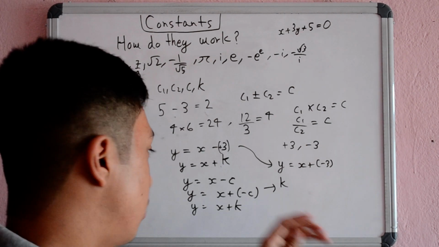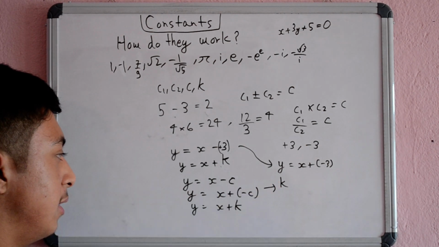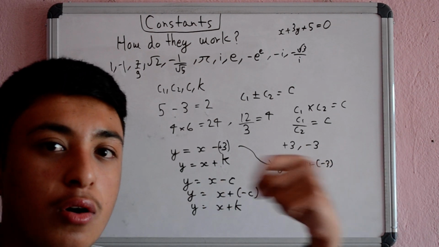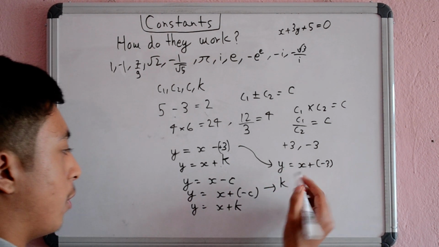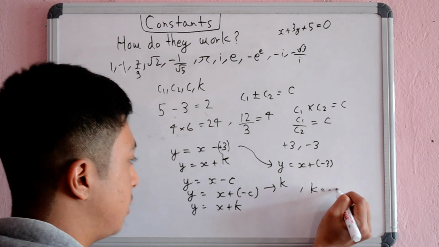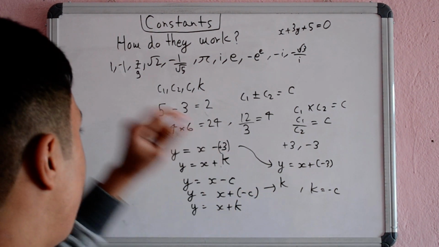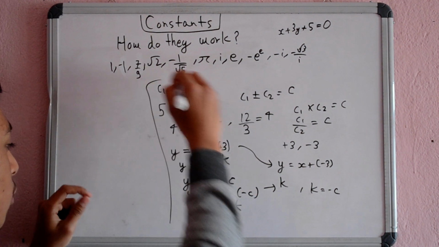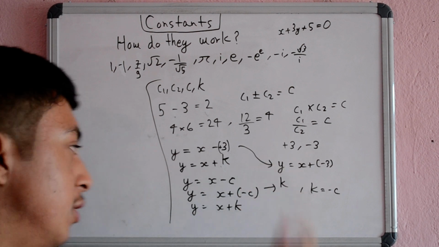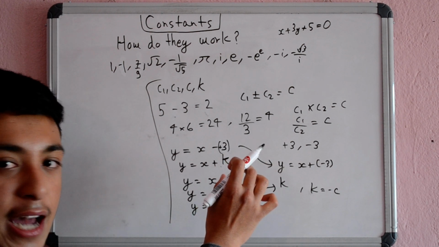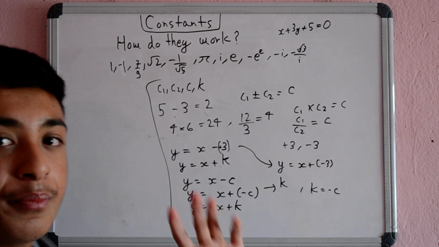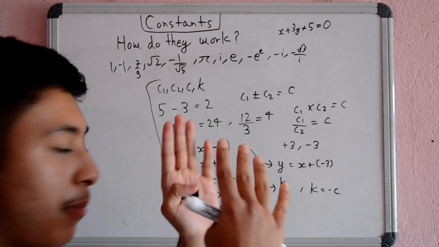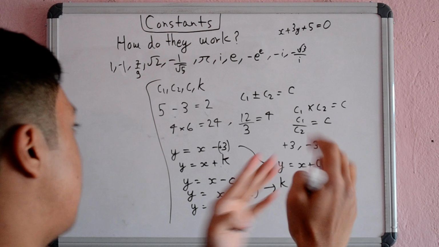Hopefully you understand this part, because minus c is just a constant we can write as positive k, where k is equal to minus c, right? And this is for one side of the equation. So on the right hand side I just changed the minus c to plus k. The important part is shifting it from right hand side to left hand side.